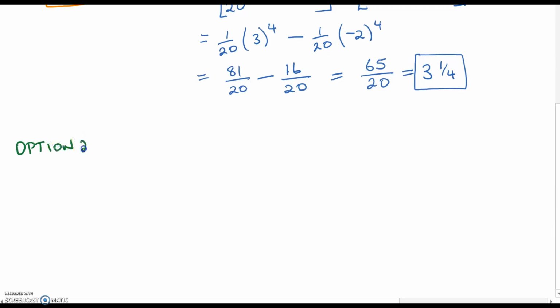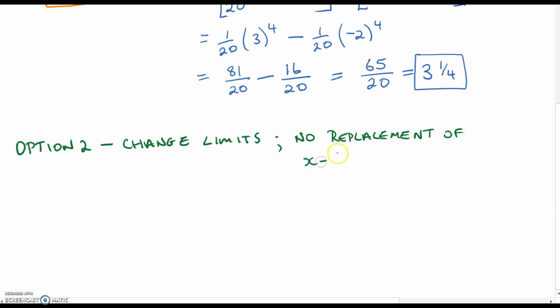And option 2 is a method wherein we change the limits, and there is no replacement of x at the end of the question.